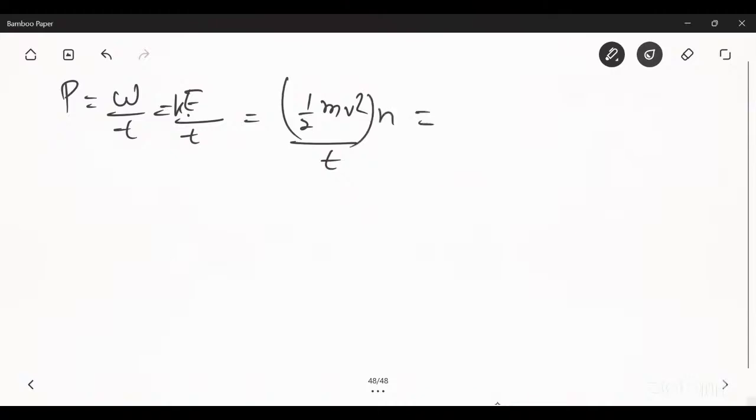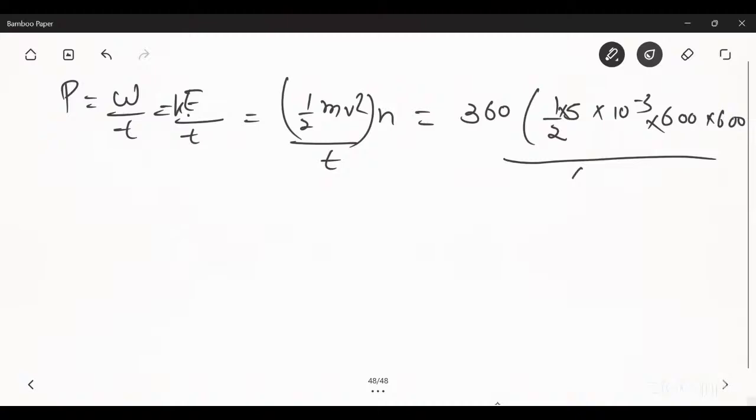The value of n is 360, into 1 upon 2, mass of each bullet is 5 into 10 to the power minus 3, and the velocity is 600 into 600. On solving all the values, you will get the answer as 5400 watt, which is equal to 5.4 kilowatt.